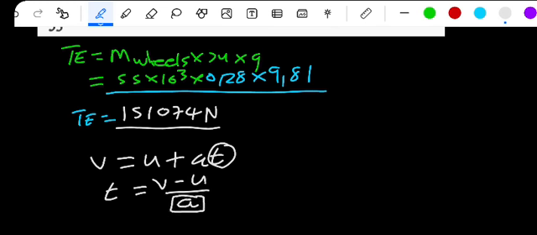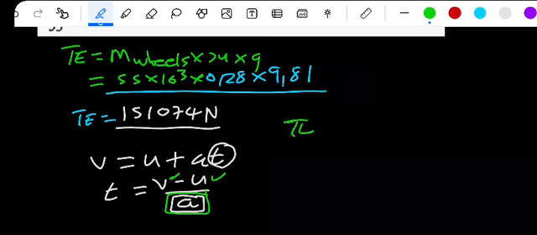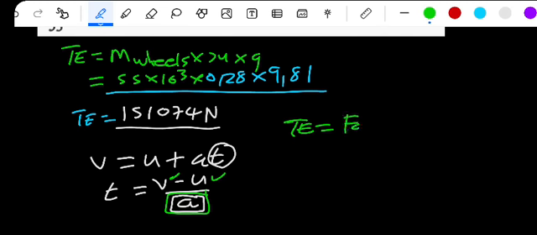The aim is to get the acceleration, because we are not given it. Why do we calculate this? Because we know that TE, since it's a level surface, will be FA plus FR, as you have shown. So if we make FA the subject, we'll have TE minus FR.